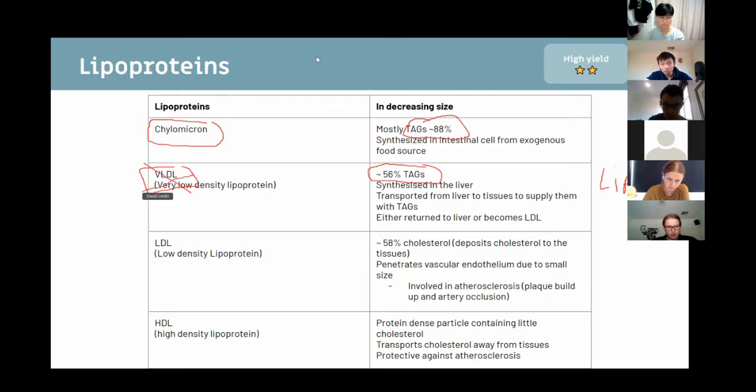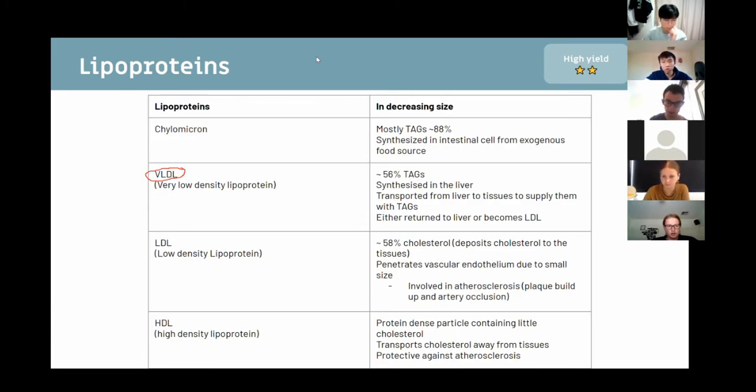The chylomicron is going to be broken down by lipase. It's going to reduce in TAGs, and something called a chylomicron remnant will return to the liver. In the liver, VLDL will be synthesized. I hope I didn't confuse you. Chylomicron goes around the lymphatics, goes into blood vessels, is broken down by lipase. Glycerol and fatty acids go to tissue.